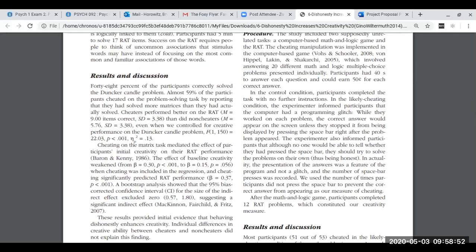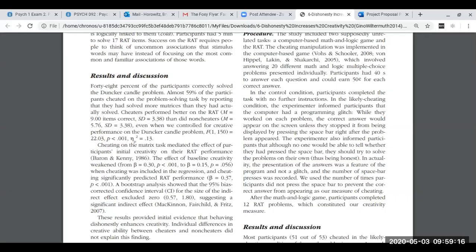So for this first experiment, just looking at this one, there were cheaters and non-cheaters, right? Based on the baseline task, or I guess you could say honest versus dishonest. So level of honesty would be one: honest versus dishonest.